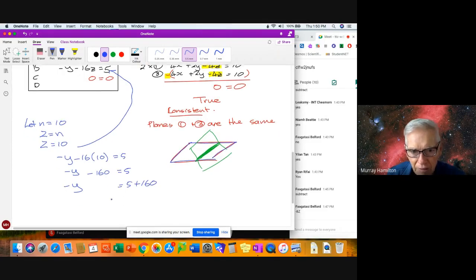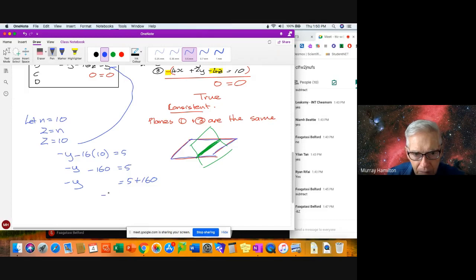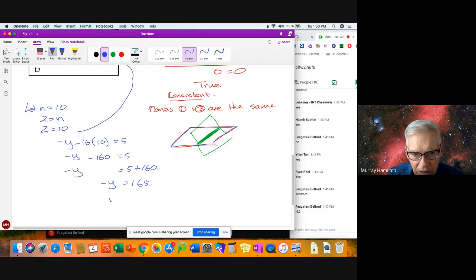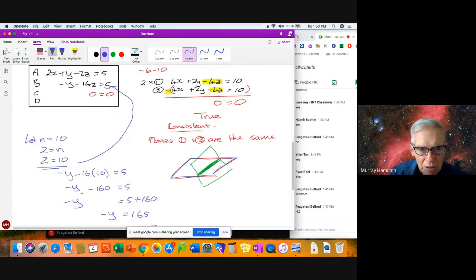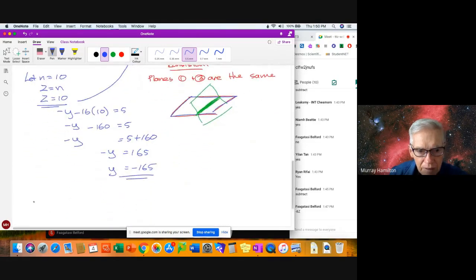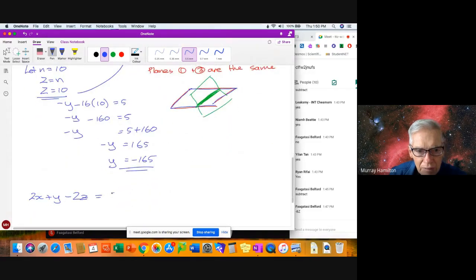If I'm going too fast, let me know. Changing sign, so y equals negative 165. So when I let n equal 10 or z equal 10, I get y is negative 165. Now I can go back to my top equation, 2x plus y minus 2z equals 5.